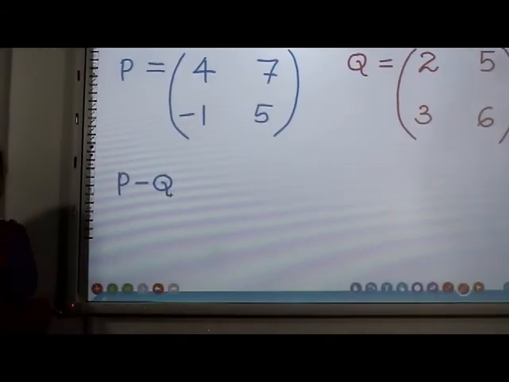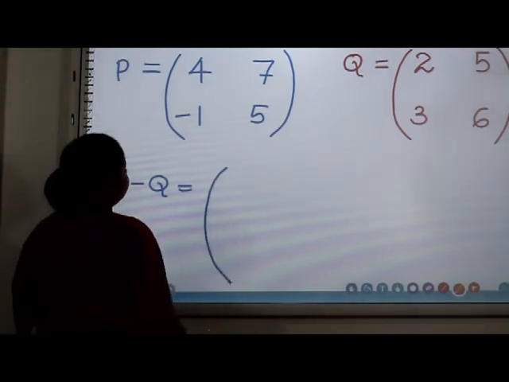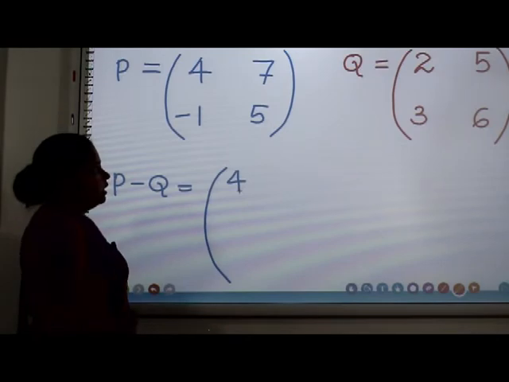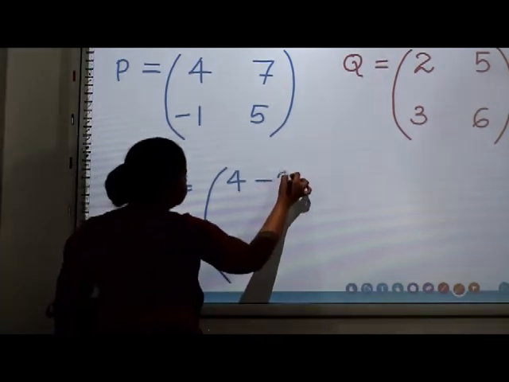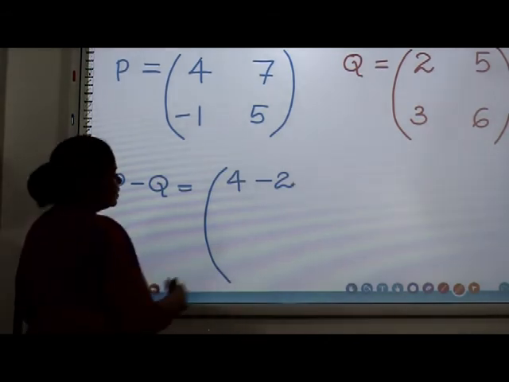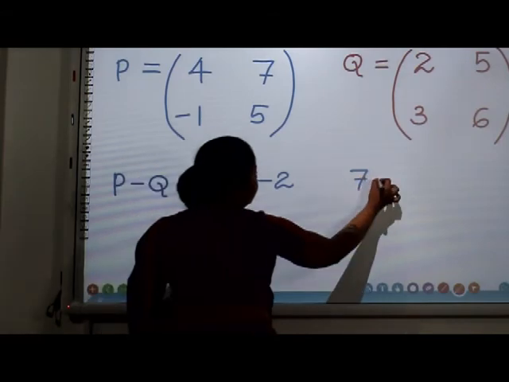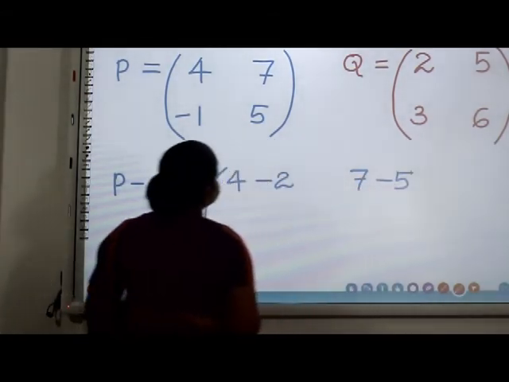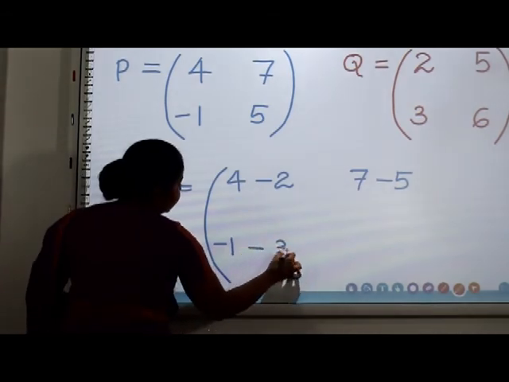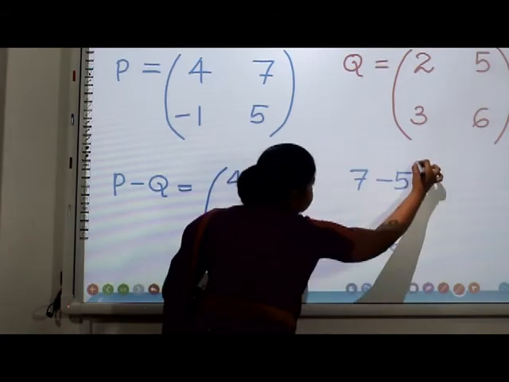Now P minus Q equals. 4 is the uppermost element of P and 2 is the uppermost element of Q. Then 4 minus 2, get the difference of corresponding elements. 7 minus 5, minus 1 minus 3, then 5 minus 6.